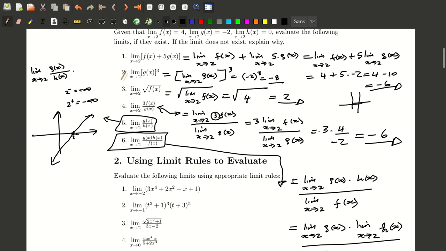So if someone is saying that this limit diverges, it's literally because we don't know which of these cases we actually belong in. Right. The same thing when someone says that I want you to evaluate the limit as x approaches 0 of sine of 1 over x.